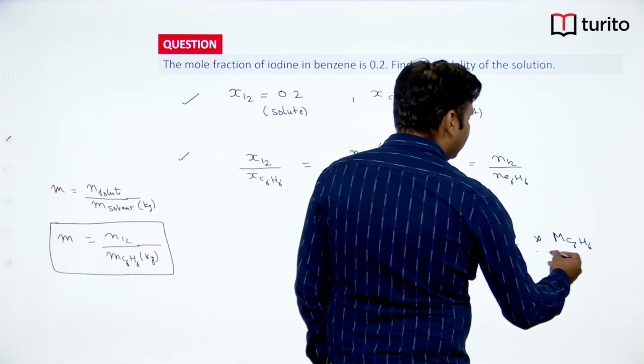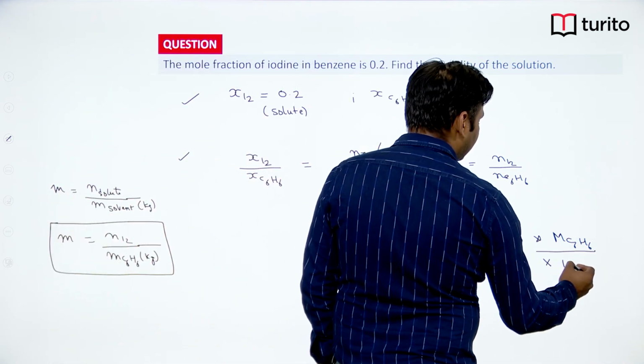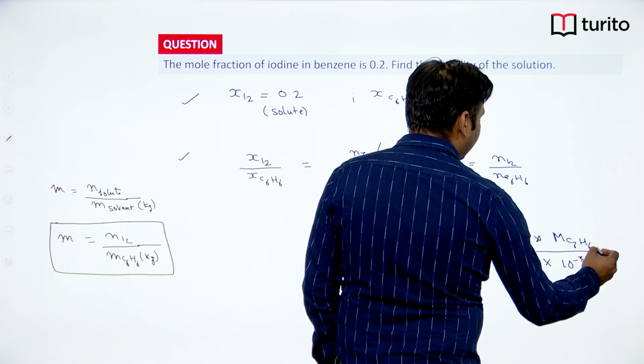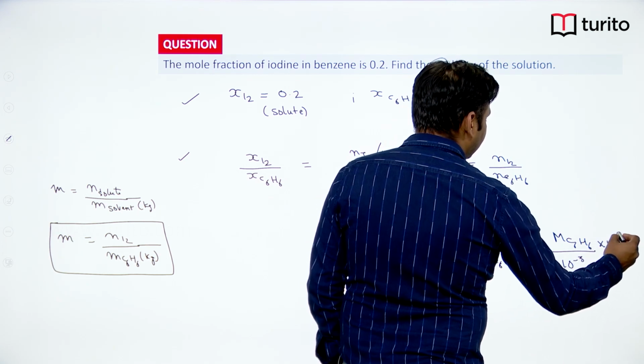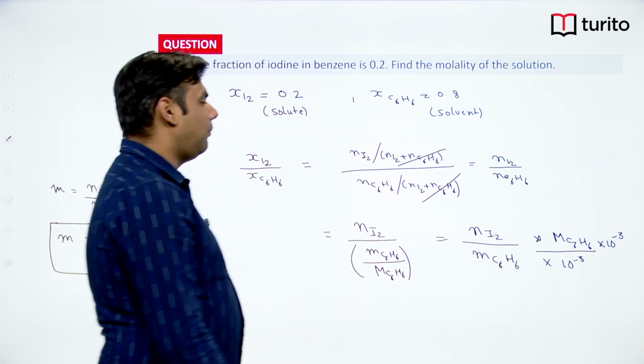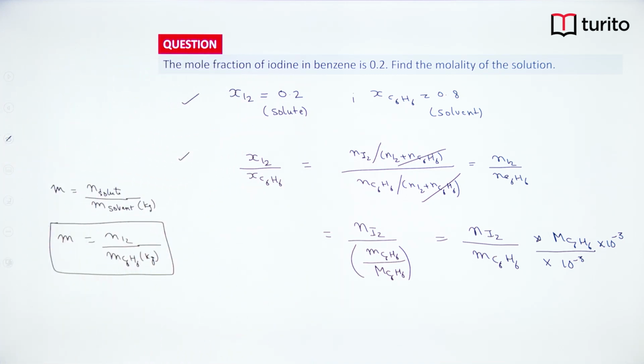So what I will do is multiply numerator and denominator with 10 raised to minus 3. I hope this is clear to everyone.